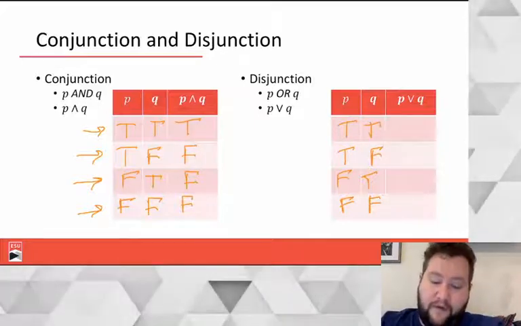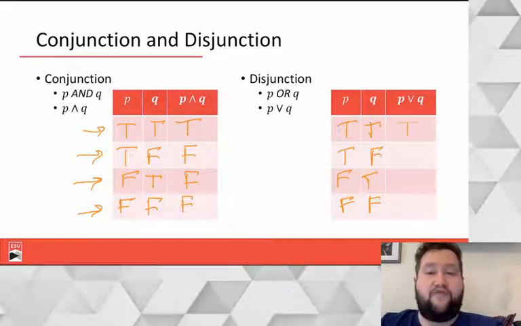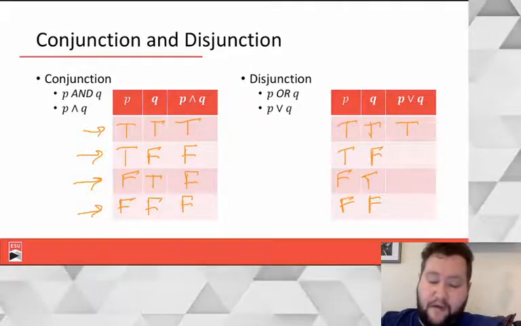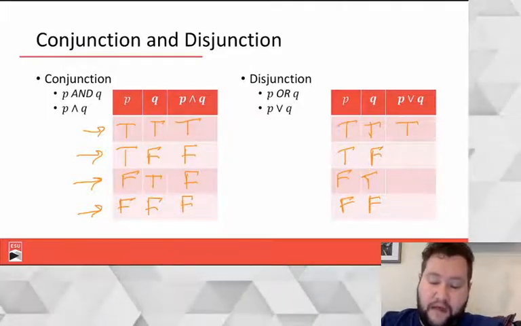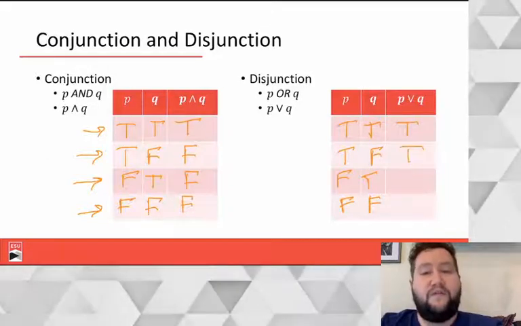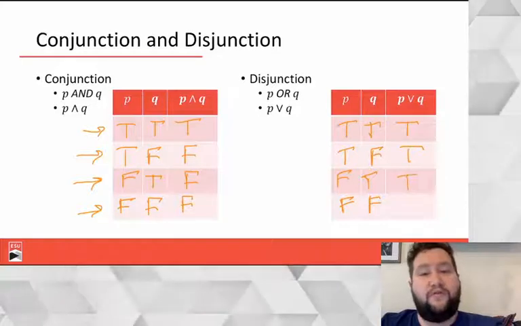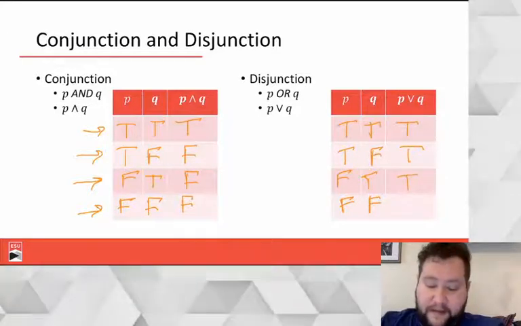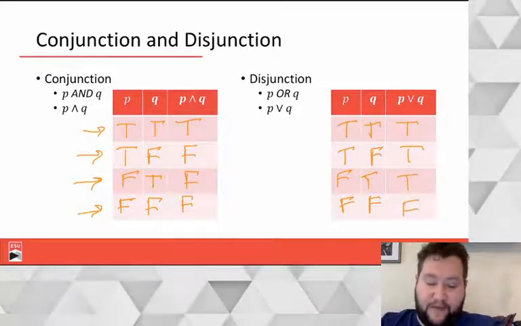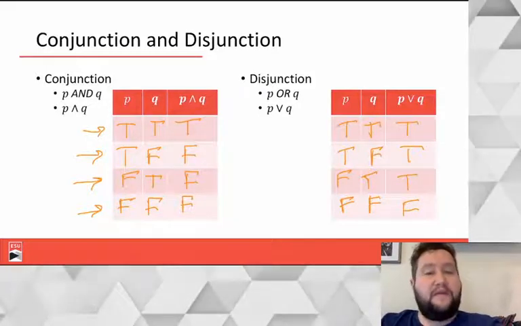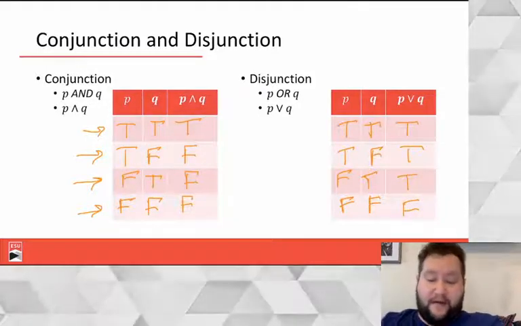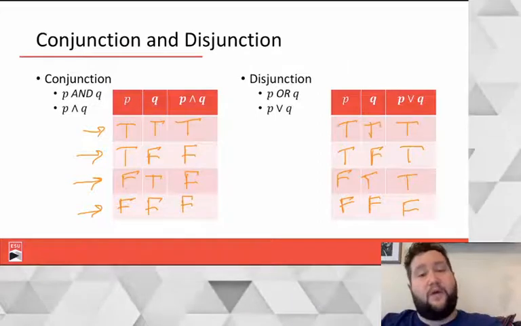So in our first row, they're both true, so it is true. In our second row, P is true. It doesn't matter that Q is false. One of them was true. Similarly, in the third row, Q is true, which is enough, but then the last one is false. And so we see that pattern for P or Q.